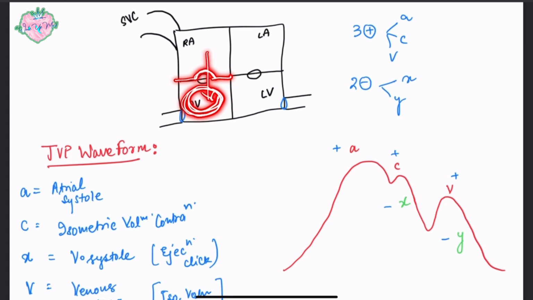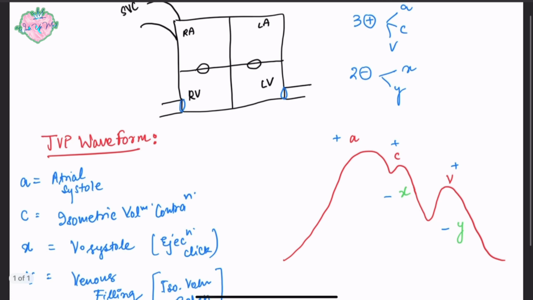Mark my point: although the valves are closed, there will be a slight bulge due to the pressure of the blood sent via the tricuspid valve from the right atrium into the right ventricle. This bulging causes a slight increase in the pressure of the atria. That's why there is a slight curve, which is the C wave, denoting the positive pressure in the atria.